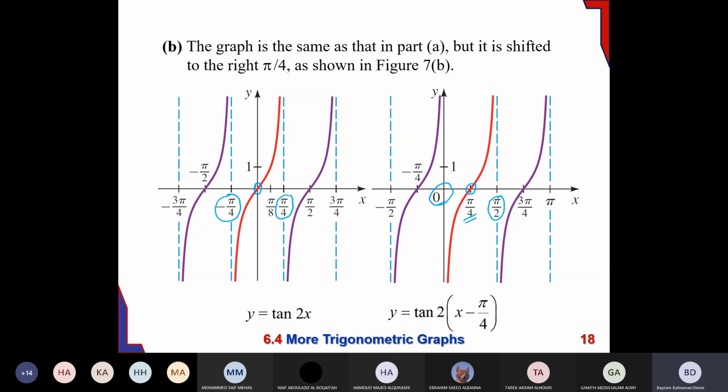So it's just a matter of changing the numbers, Shabab. Just erase and change the numbers on the graph of tangent 2x so that you will get the shifted image. All right.